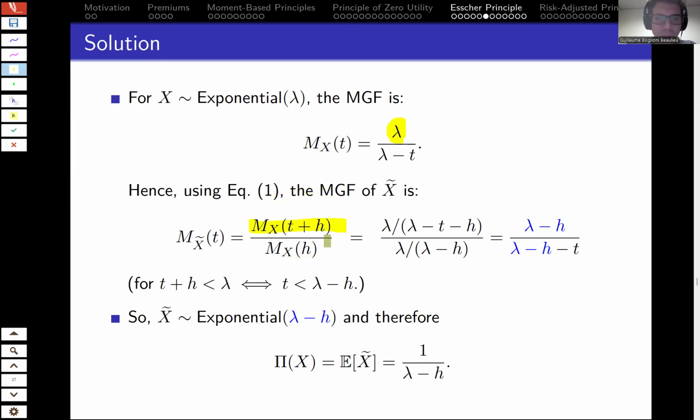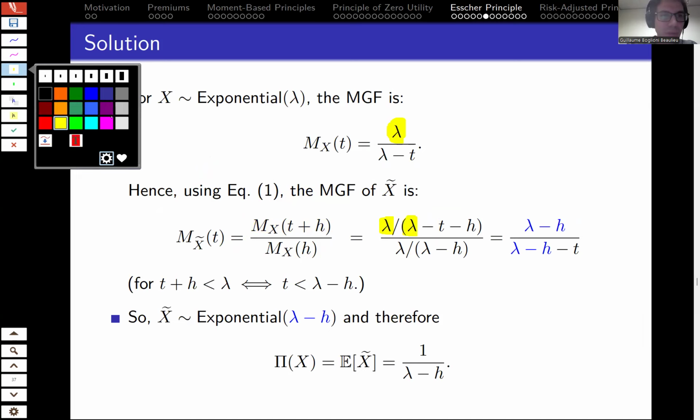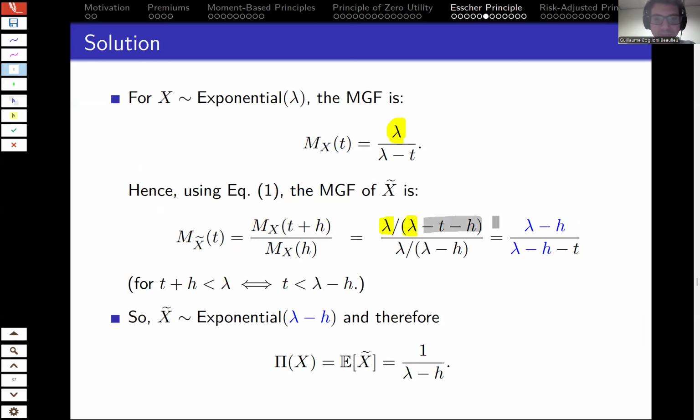You're going to have your MGF evaluated at t plus h. So we have the lambda, and then you evaluate at the argument t plus h. On the bottom, same thing, but you evaluate at the argument h. Now simplifications happen. This cancels this. This goes on the top.